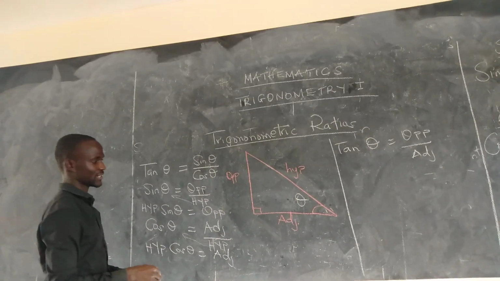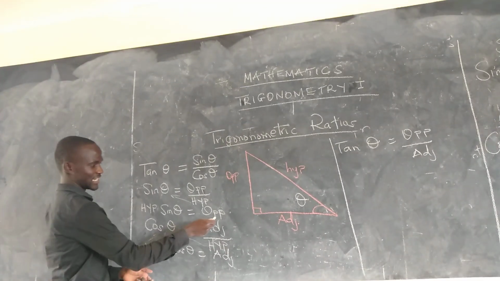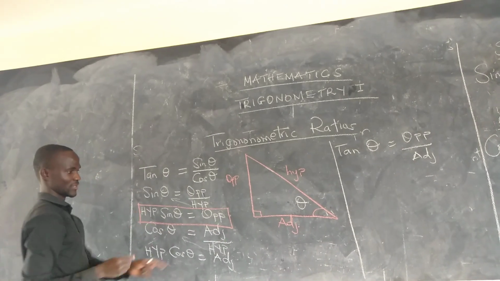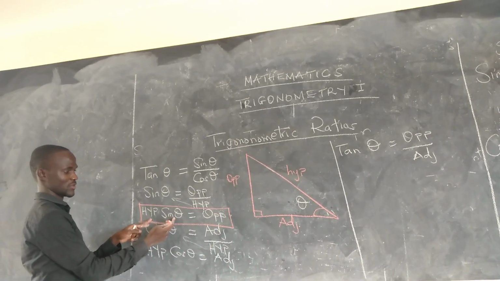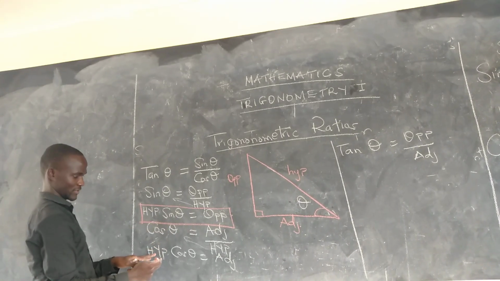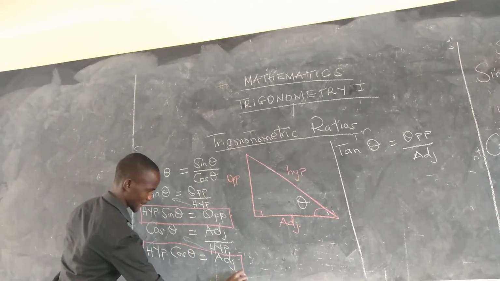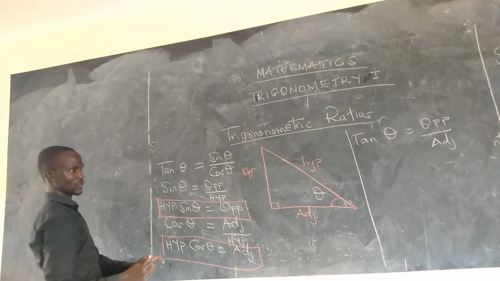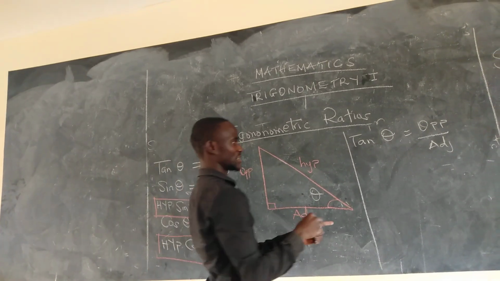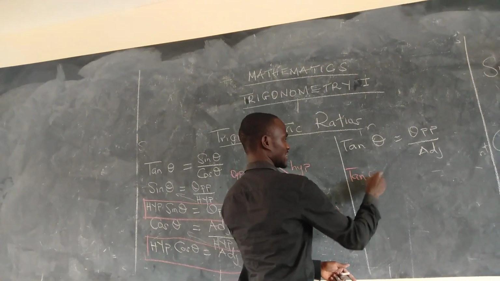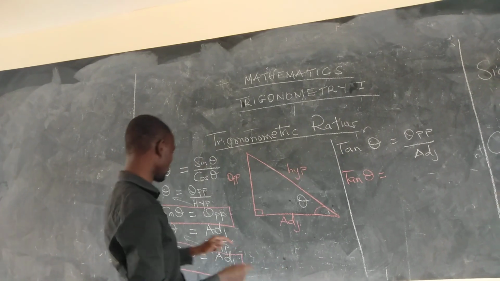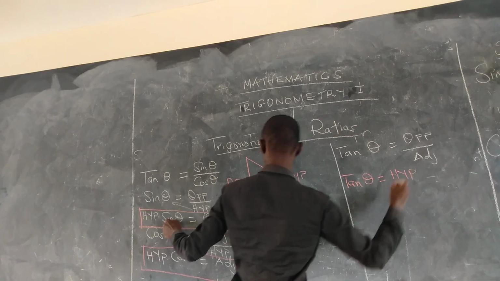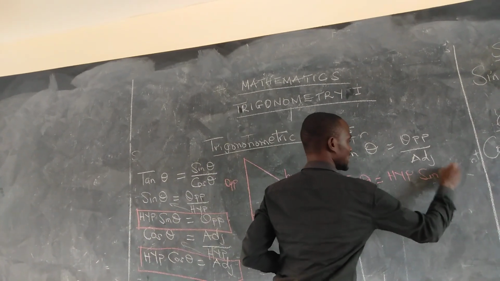And then now if we make a replacement, you clearly see there is this aspect here, opposite being equal to hypotenuse multiplied by sine theta. Then this particular aspect here, whereby adjacent equals hypotenuse multiplied by cos theta, then you just make a replacement here that tan theta equals, where we have opposite, we replace with hypotenuse multiplied by sine theta.